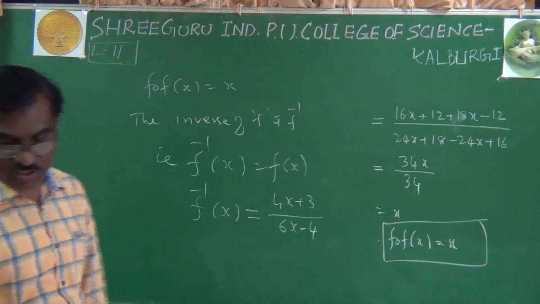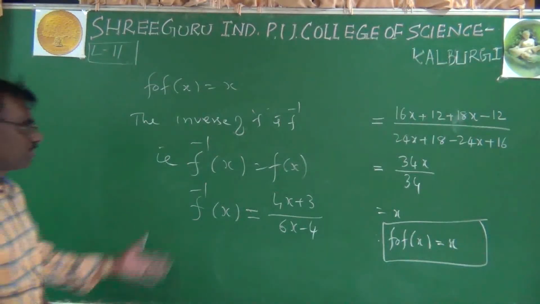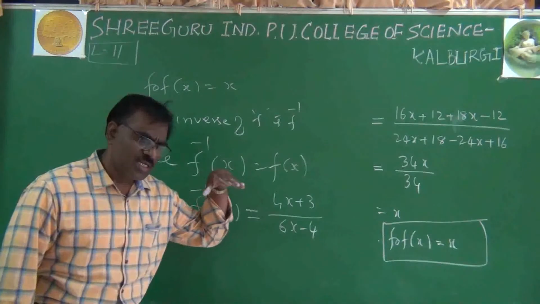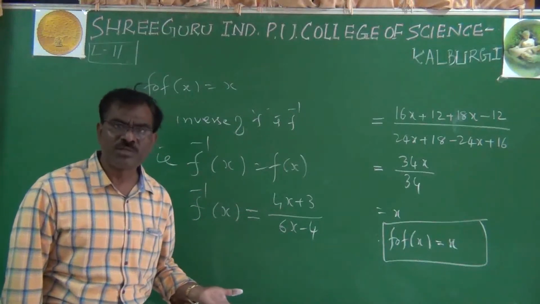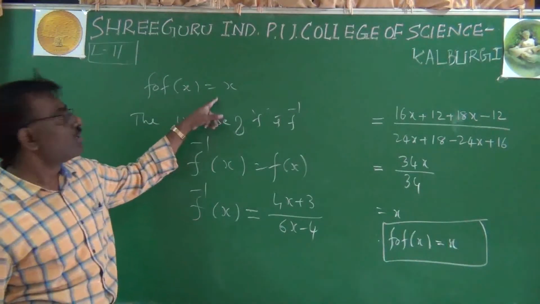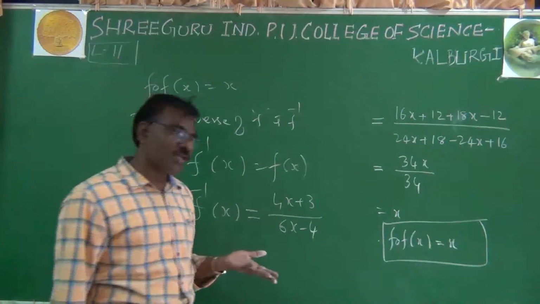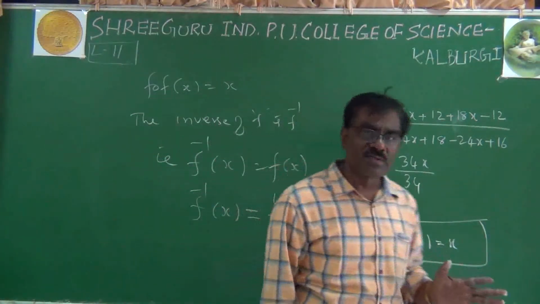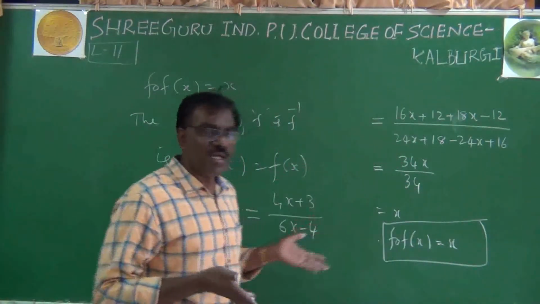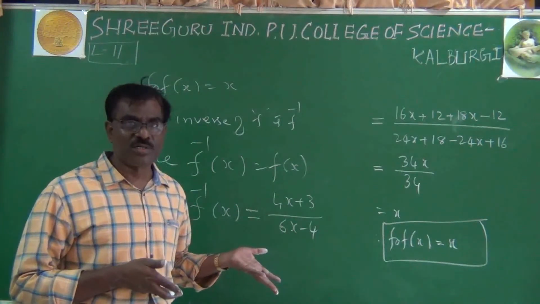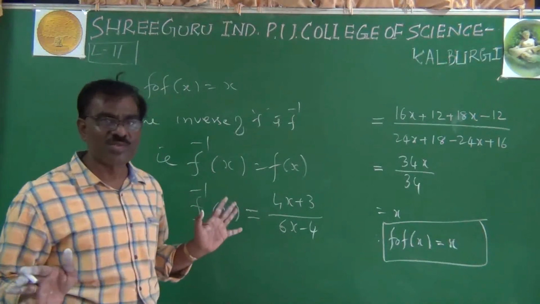It is the given function, so in this condition the given function is its own inverse function. Sometimes in CET there are such questions, but in theory you should write the steps. In CET, there are no steps.